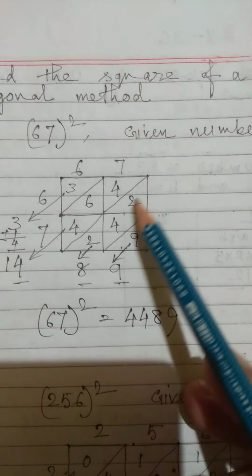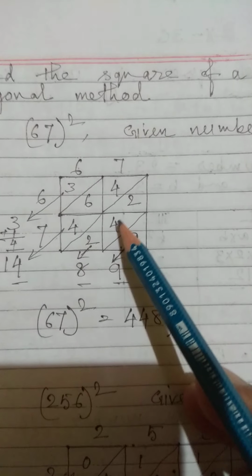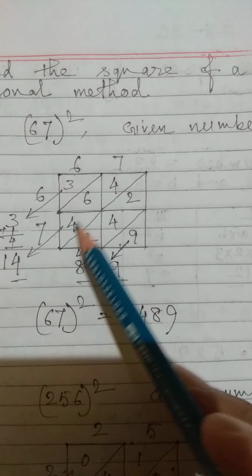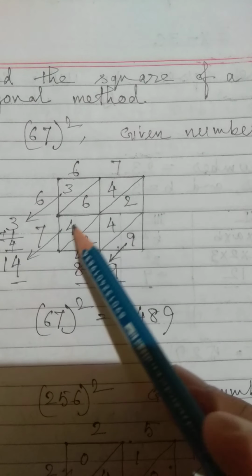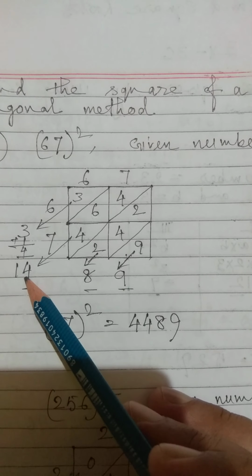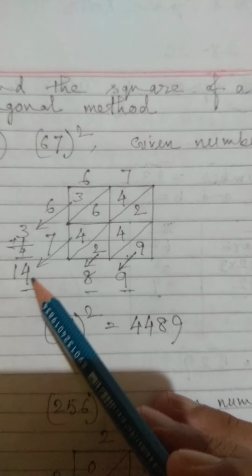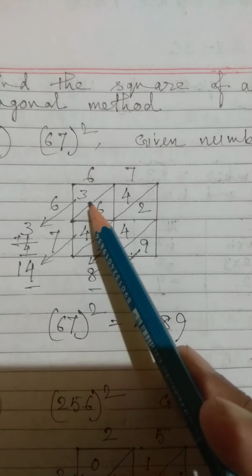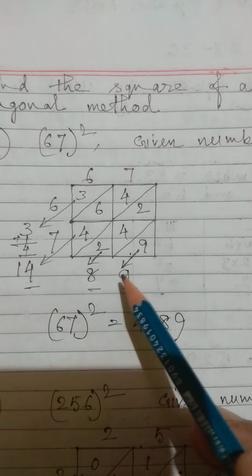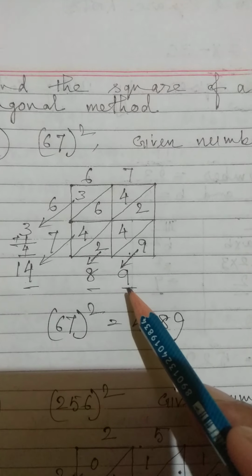Along this line sum of the three digits 2 plus 4 plus 2, 8. Along this line 4 plus 6 plus 4, 14. And in this line only 3 is there, so 3.